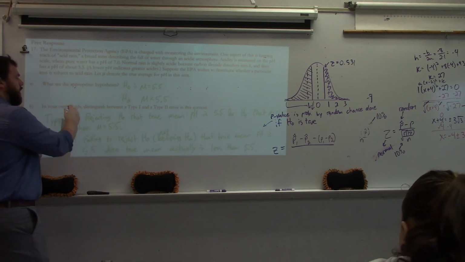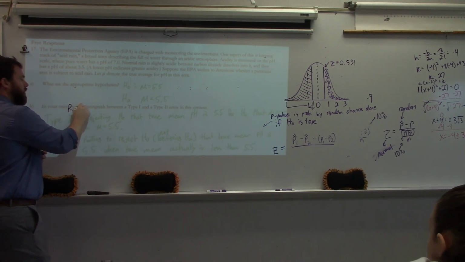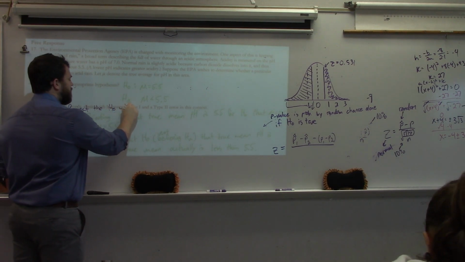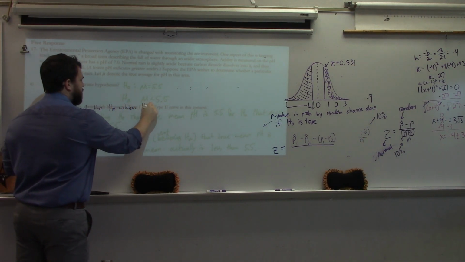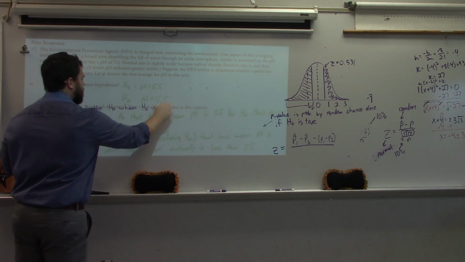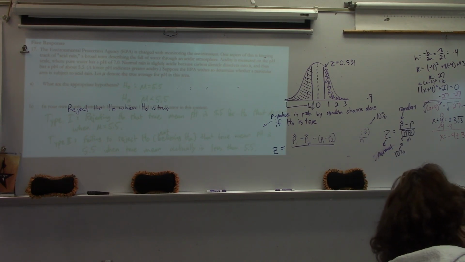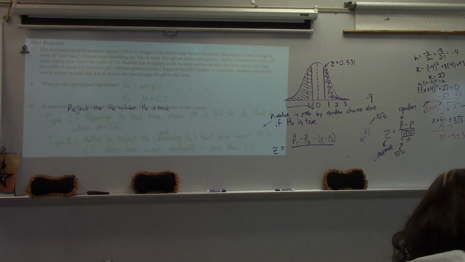For type 1, we reject the null when the null is true. And so we just had to put that in context. The AP exam may ask you for a consequence of that, right? So be aware of that.